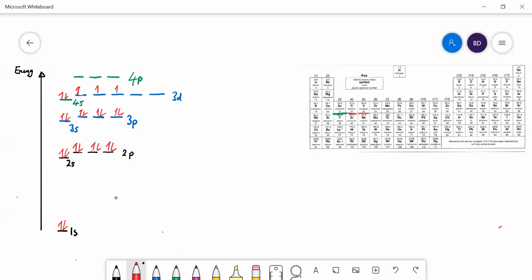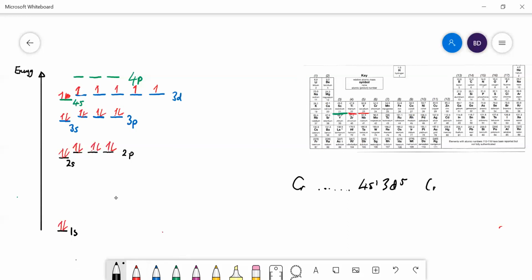So scandium, titanium, vanadium. Now chromium is a bit weird, because you might expect it to be like that. But what actually happens, and don't worry about this now, you do it in year 13, is that it borrows that electron from 4s, and that goes in there. So the electronic structure of chromium is 4s1 3d5.